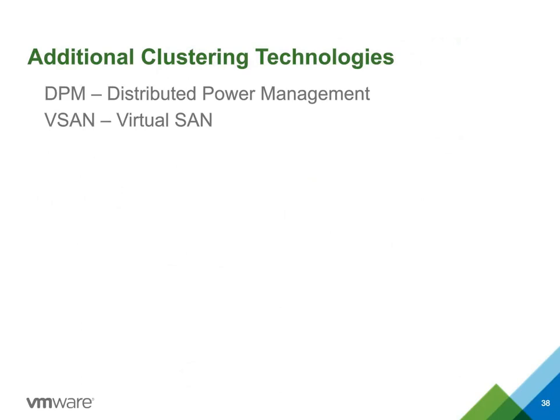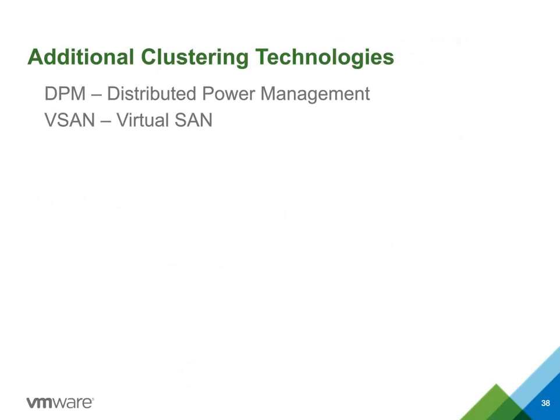When the demand from virtual machines for resources is low, DPM can place some of your hosts into standby mode, and when the demand grows, DPM can automatically power on enough hosts to run the virtual machines you need to run. So dynamic power management allows you to potentially save on power and cooling costs, and it also allows you to automate energy management in your data center much more efficiently than just having all your hosts powered on all the time.